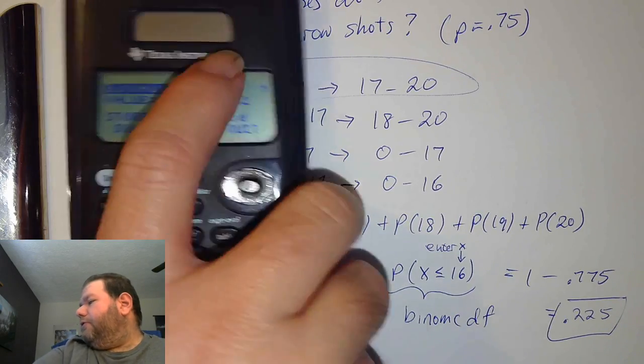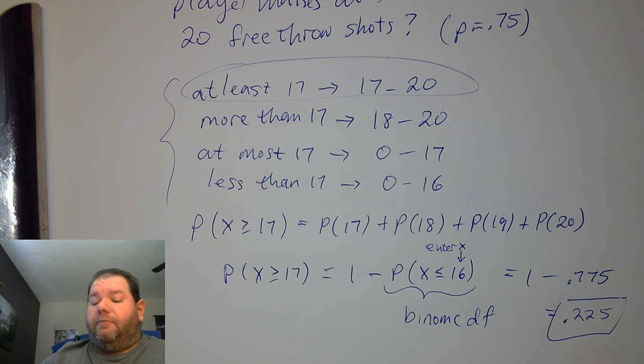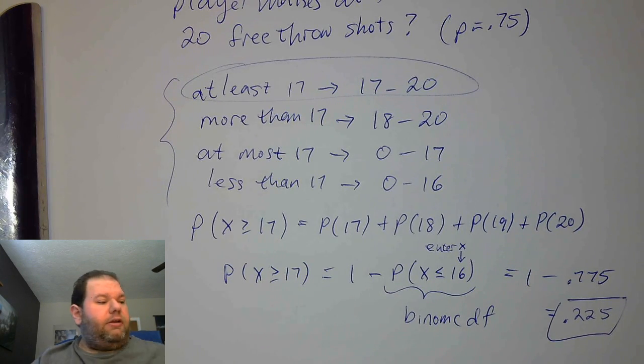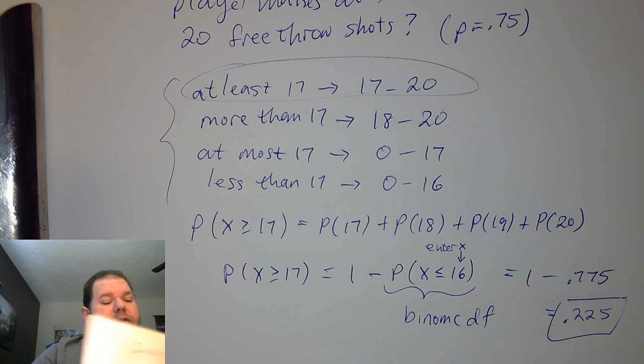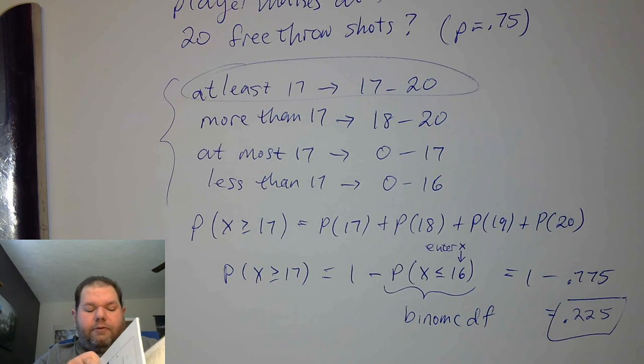Okay, so we're able to find the probability that at least 17 free throws will be made. It's 0.225. Again, if we look at the textbook, going into the appendix like we did before.